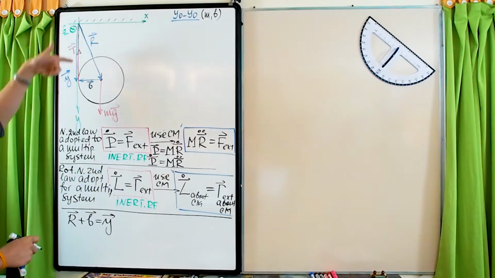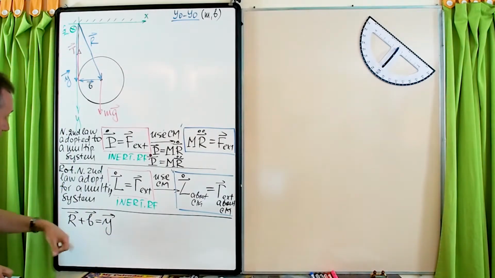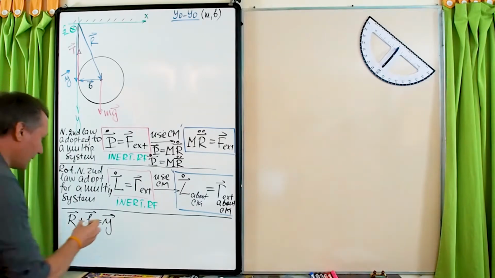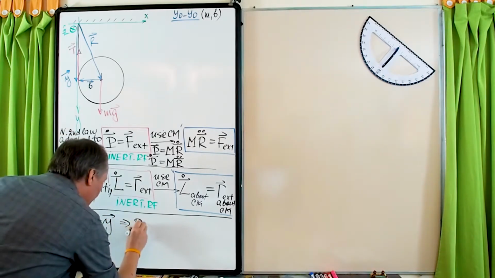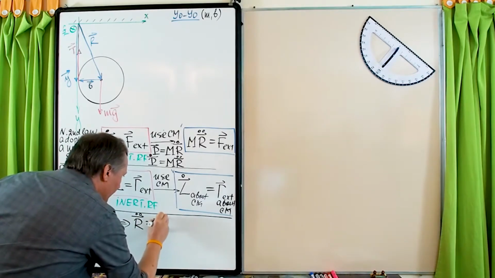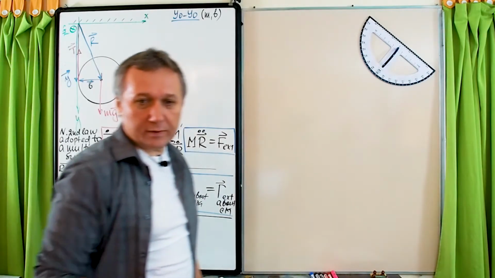Now, of course, I can differentiate it twice. Vector B is constant, so R double dot equals y double dot. So I can replace that over there.